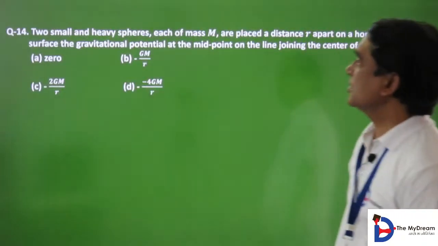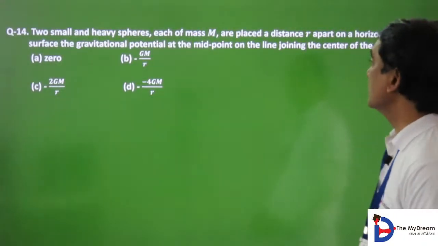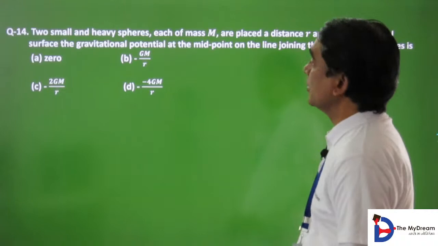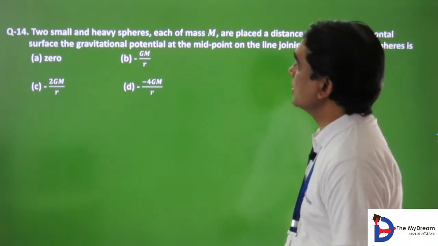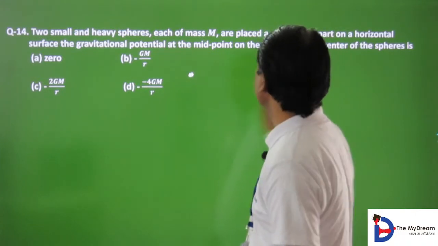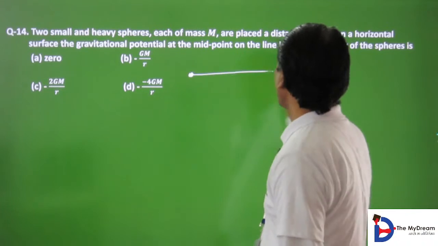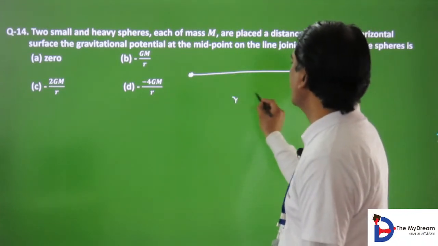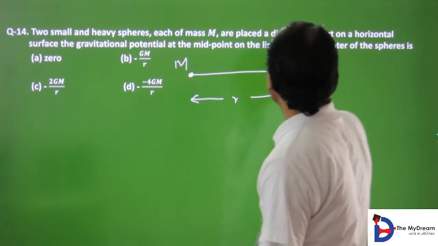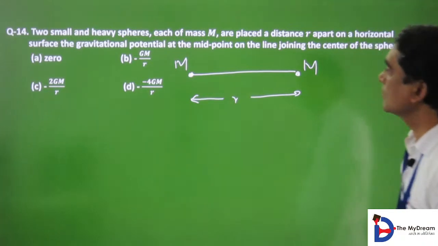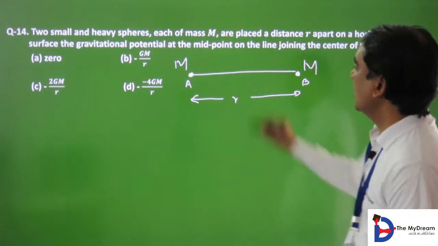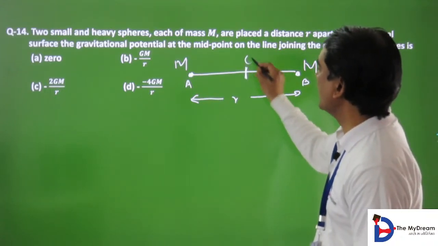Two small heavy spheres, each of mass capital M, are placed at a distance this apart on a horizontal surface. The gravitational potential at the midpoint, and they are separated by a distance r, each of mass capital M. This is the position A, this is B, and you want to discuss the potential at this.